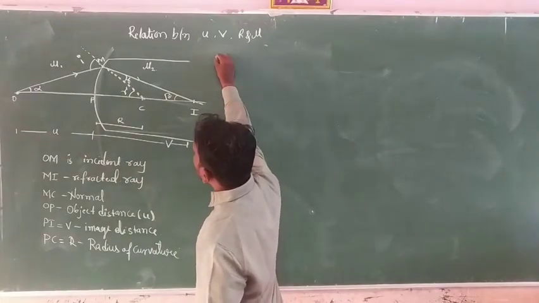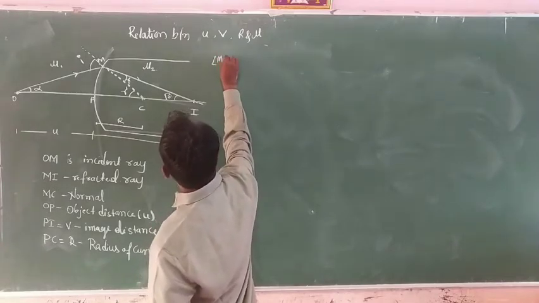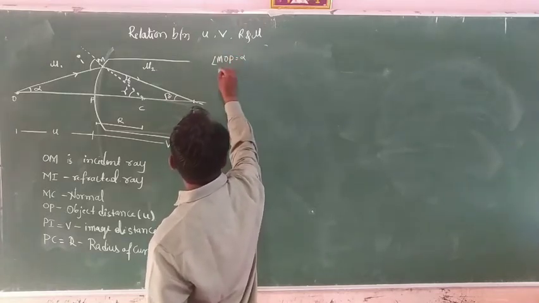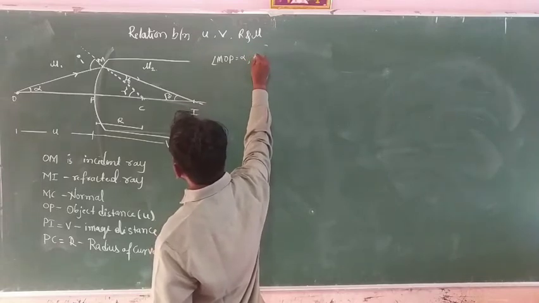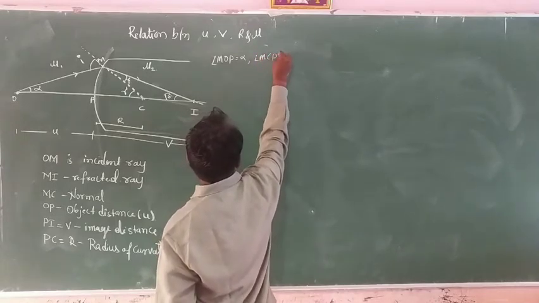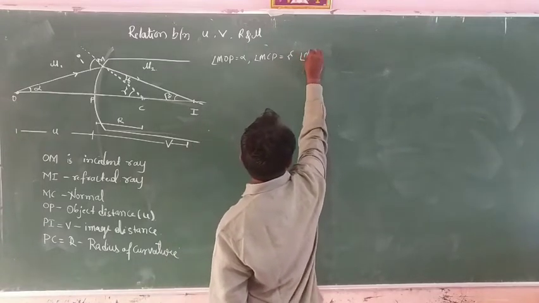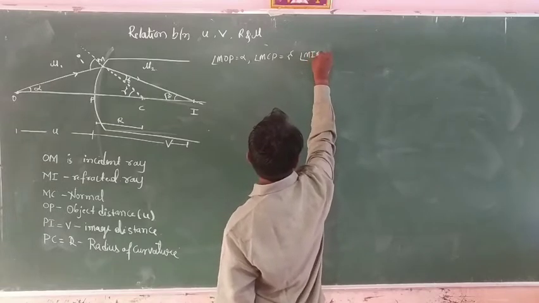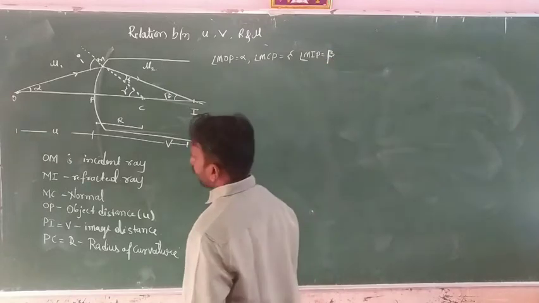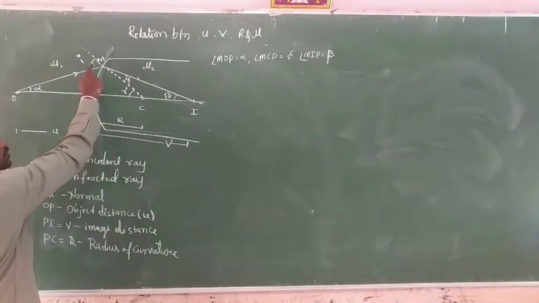So here angle MOP is alpha, angle MCP is gamma, and angle MIP is beta. Here we consider i the exterior angle.